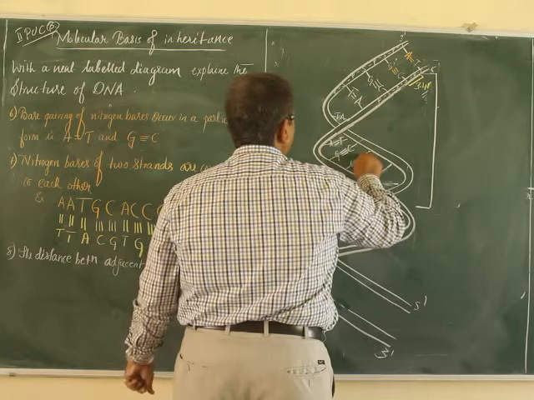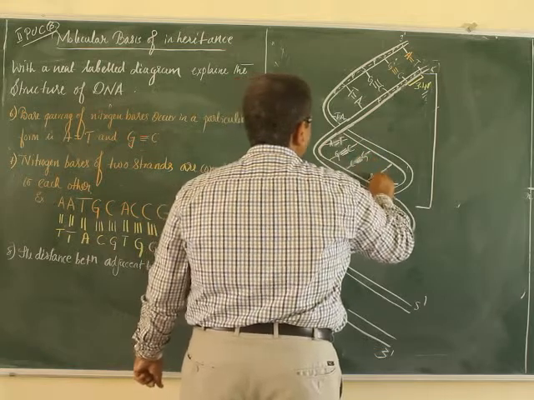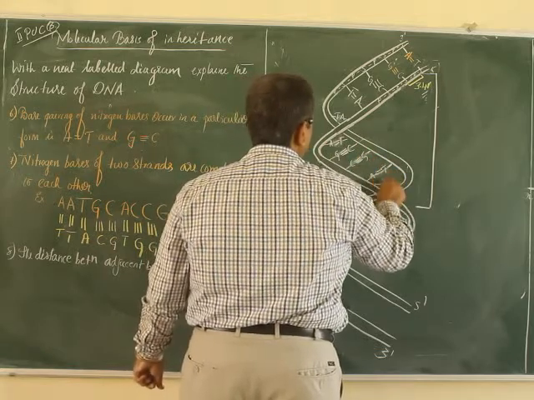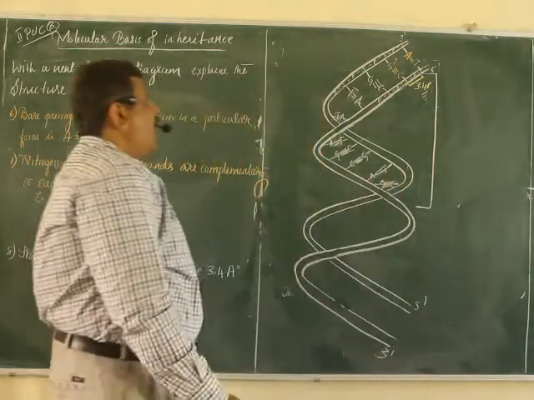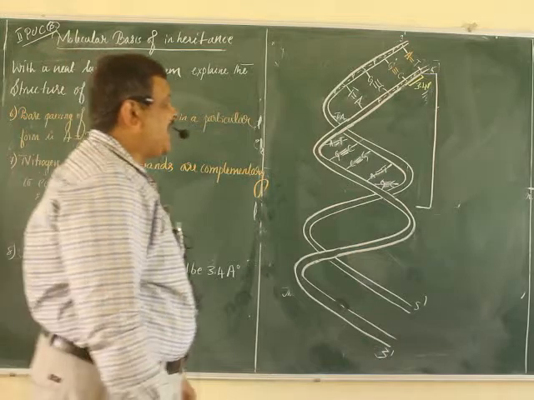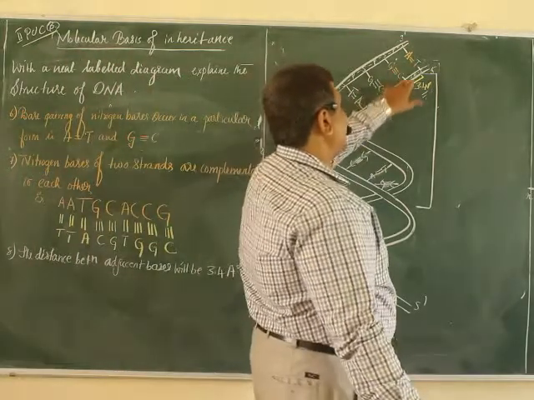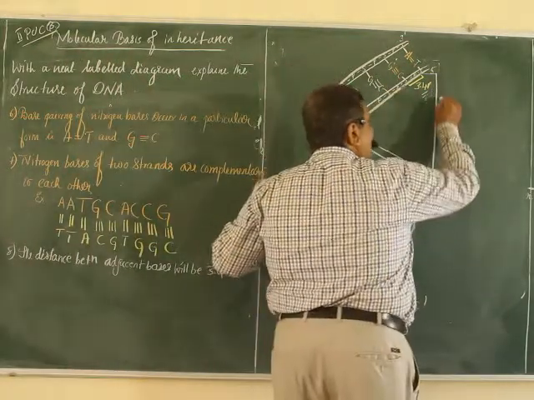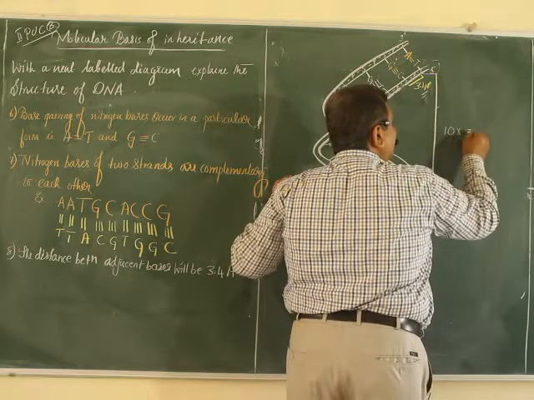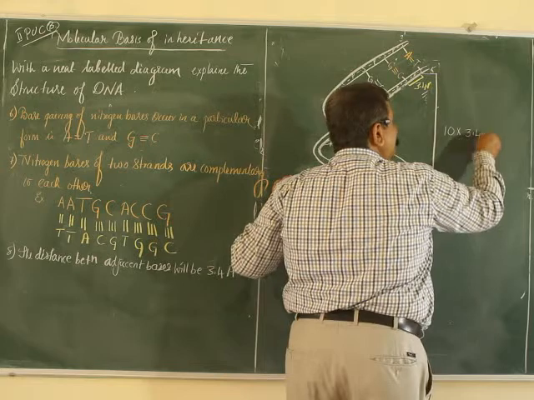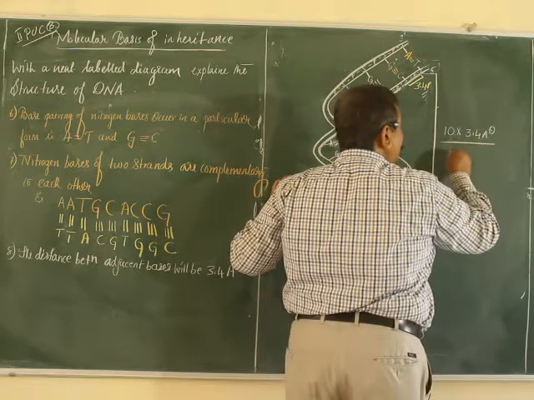Cytosine, guanine, 3 hydrogen bonds. Adenine, thymine, 2 hydrogen bonds. Guanine, cytosine, 3 hydrogen bonds. Look here. How many base pairs are here? 10 base pairs, isn't it? So for one complete turn, it requires 10 base pairs, with a distance between adjacent bases of 3.4 angstrom.